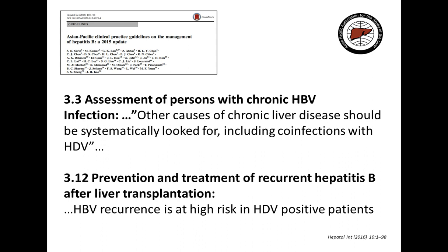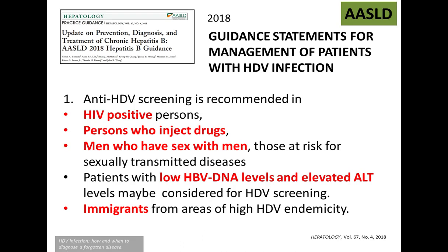The 2015 document of the Asian Pacific Association for the Study of Liver Diseases, entitled Clinical Practice Guidelines on the Management of Hepatitis B, comments that other causes of chronic liver diseases should be systematically looked for, including co-infection with hepatitis Delta virus. It also includes a remark about hepatitis B recurrences in transplant patients. This recurrence is at high risk in patients having Delta virus infection.